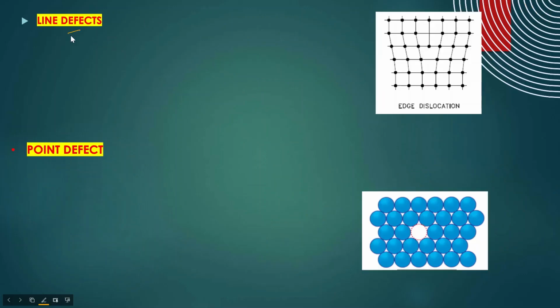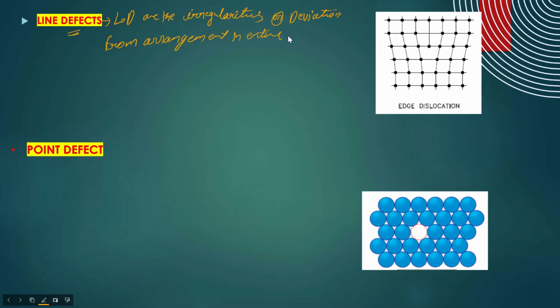Now the next is line defect. What is line defect? Line defects are the irregularities or deviation from ideal arrangement in entire rows of lattice points.